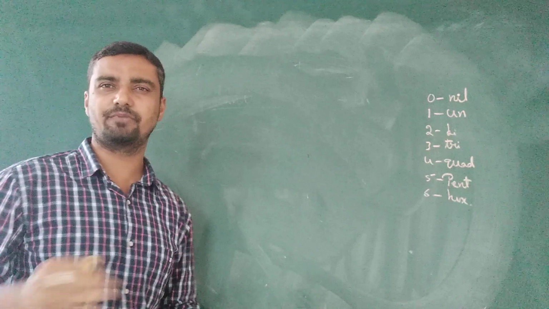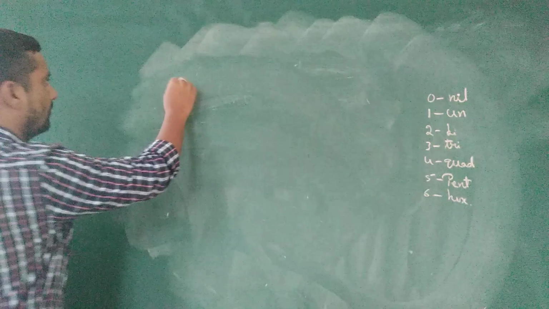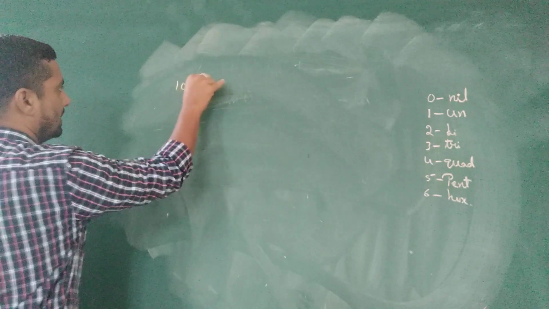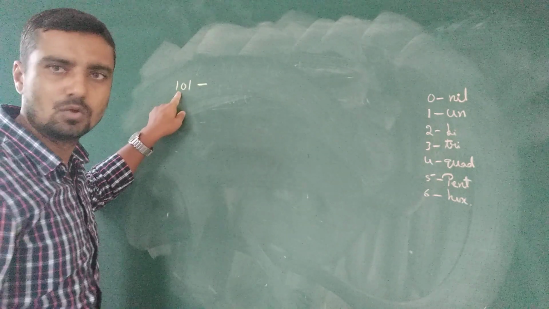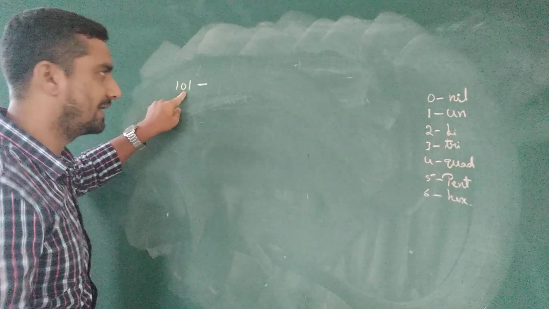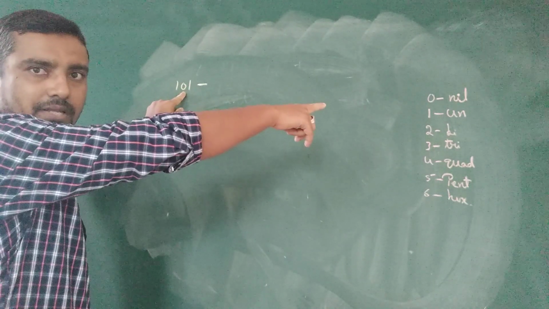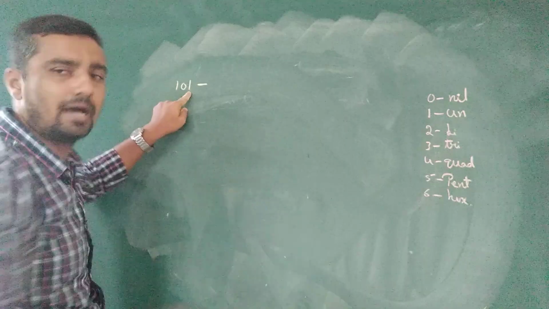I will tell you some examples; the remaining will be very easy, you just try it. Take atomic number 101. Here 1 is un, 0 is nil, and 1 is un.